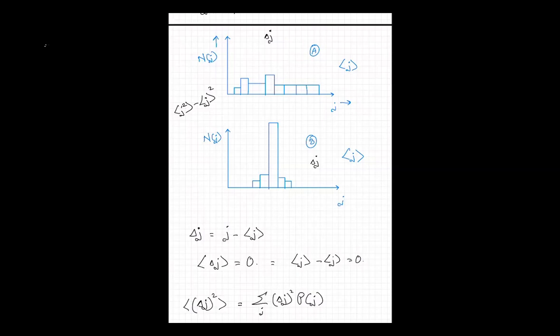So for population A, the variance would not be equal to 0. So variance is actually a good measure for differentiating these two populations, even though delta j itself is not. How is it relevant in quantum mechanics? In quantum mechanics, this is relevant for the case 2 that we are going to discuss.